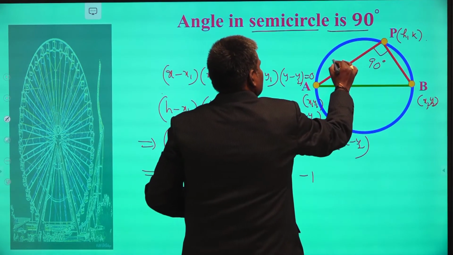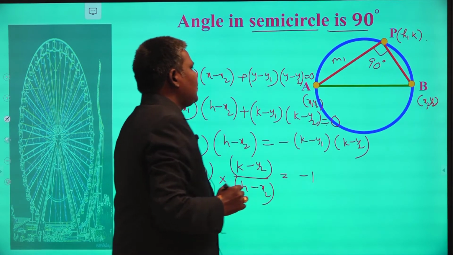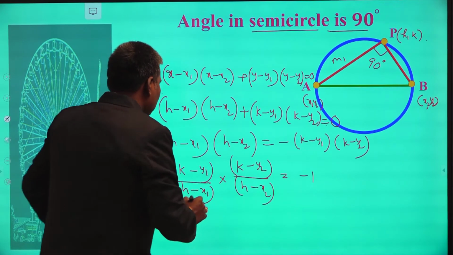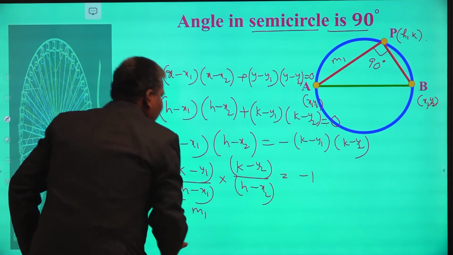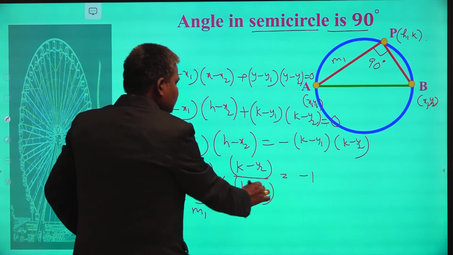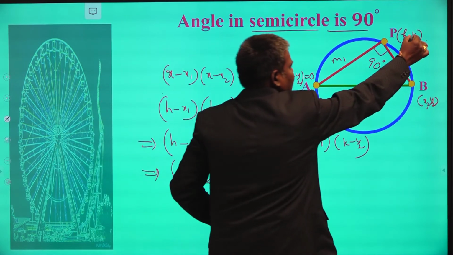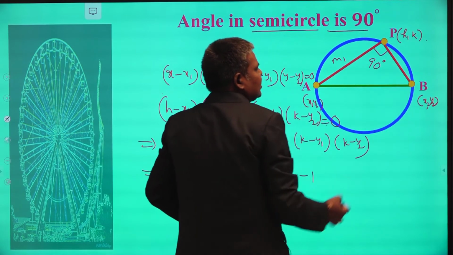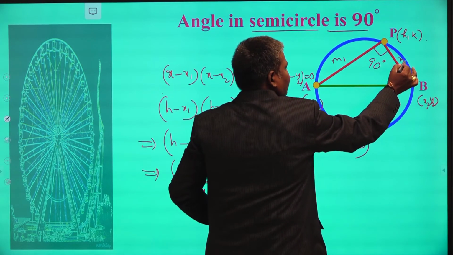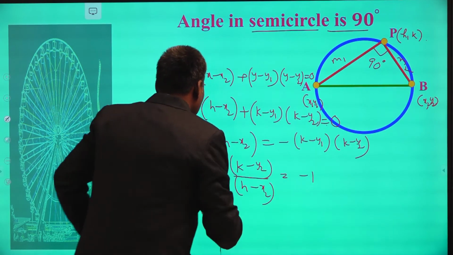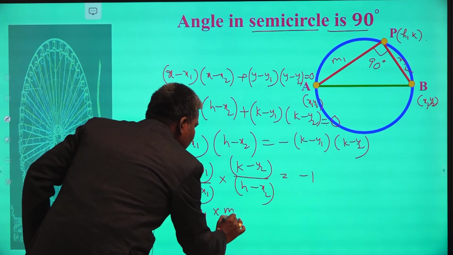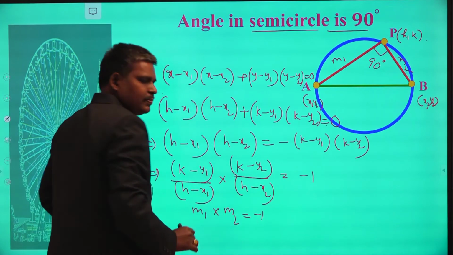This is the slope of line AP, say M1. Now what is (k - y2)/(h - x2)? It is nothing but the slope of PB, say M2. So M1 into M2 is equal to -1.